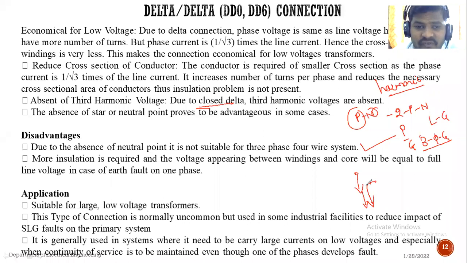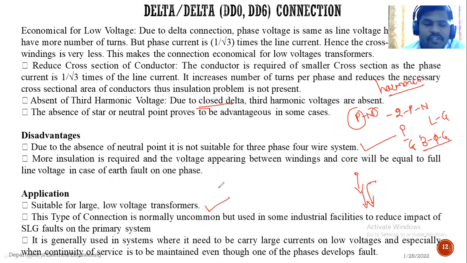In case of earth fault, the voltage will appear between the winding and the core. It is the full line voltage. So this is another disadvantage of these types of connection, that is delta delta zero and delta delta star connection.